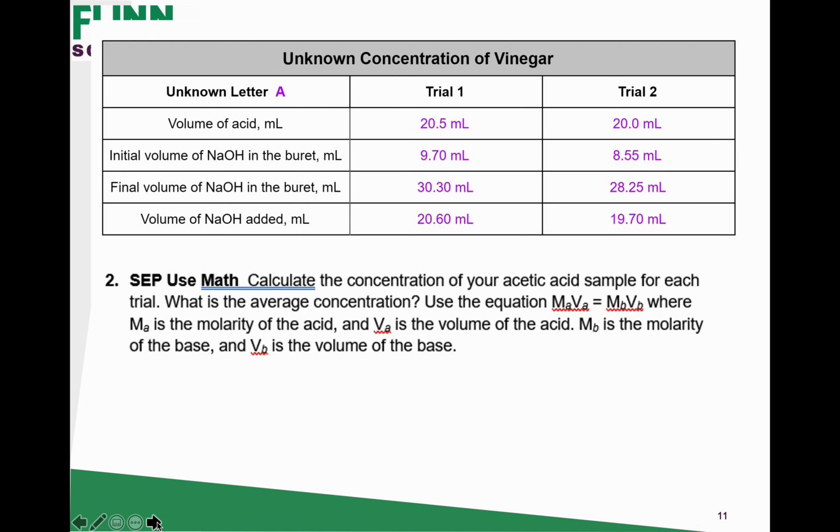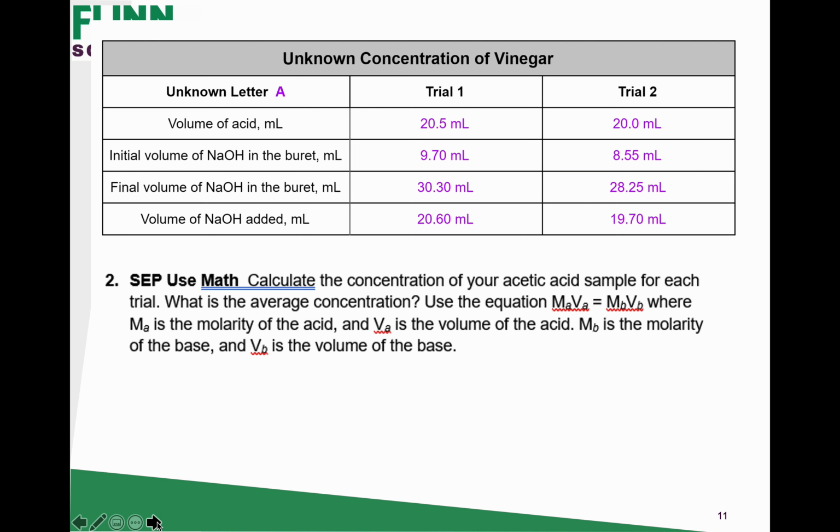Here's a question I have for y'all. Notice that you have molarity times volume. Do you think that you need to take those volumes and convert them into liters? Hopefully you answered no, that you don't have to convert these particular milliliters into liters.